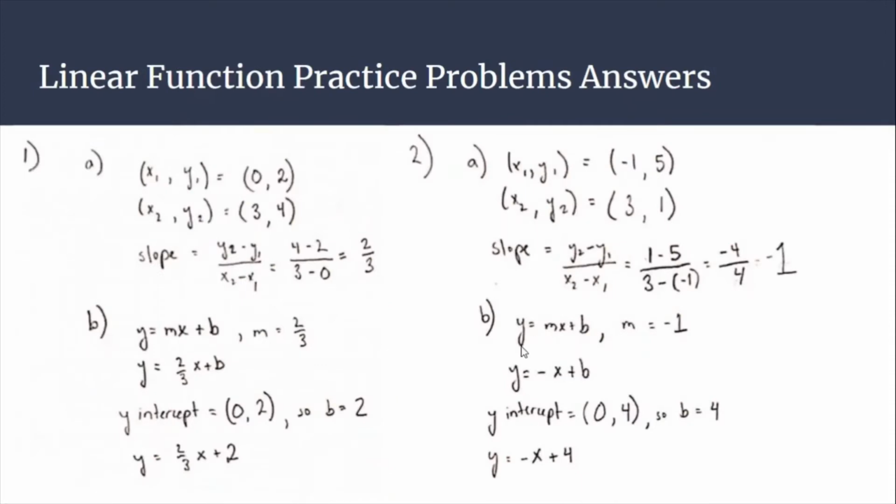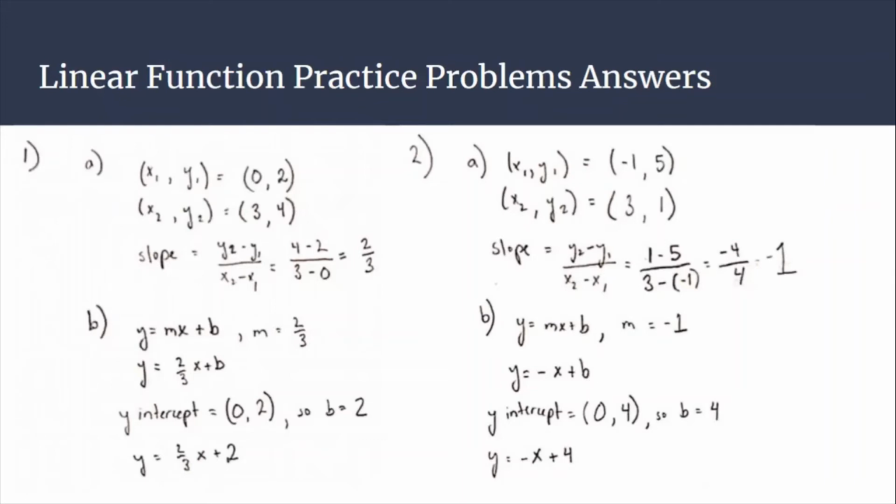And so for 2b, we're going to do what we did in 1b, and we're also going to use slope-intercept form. The equation is y equals mx plus b. As we got in the previous part, m is equal to -1. After we plug that in, we get y equals -x plus b. We could, as we discussed in the last problem, plug in a set of coordinate pairs and solve for b.